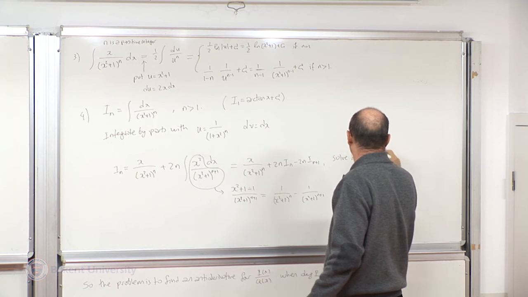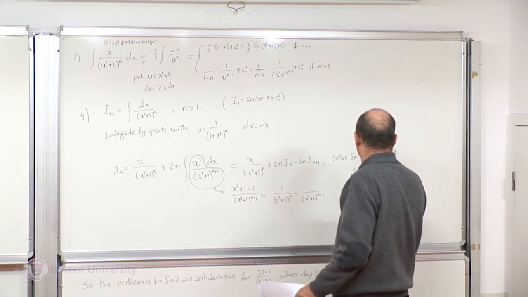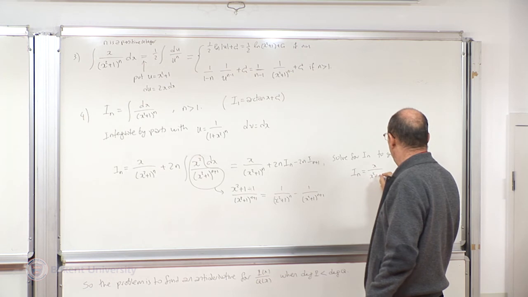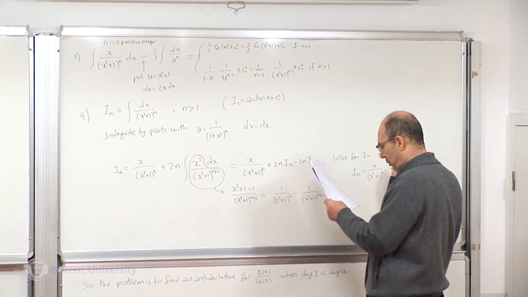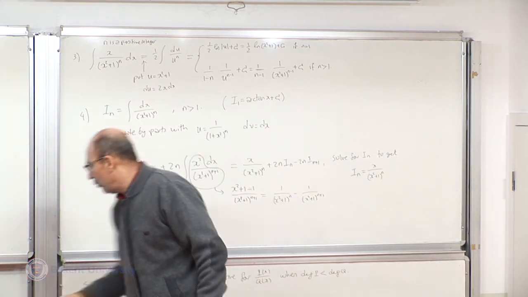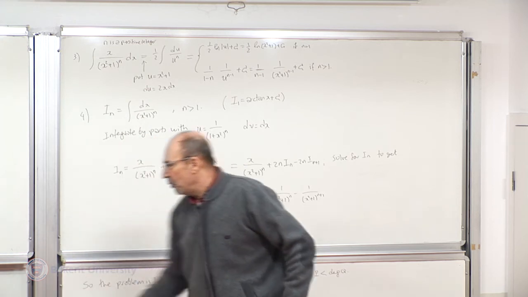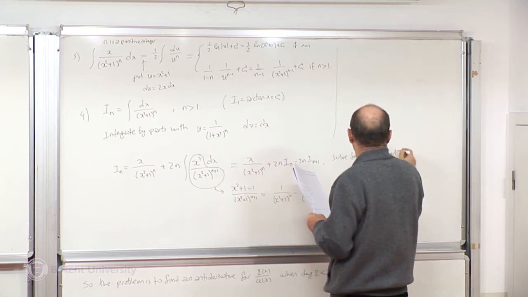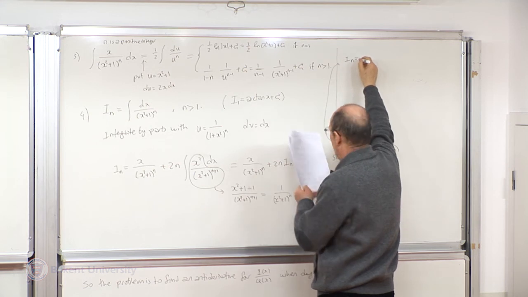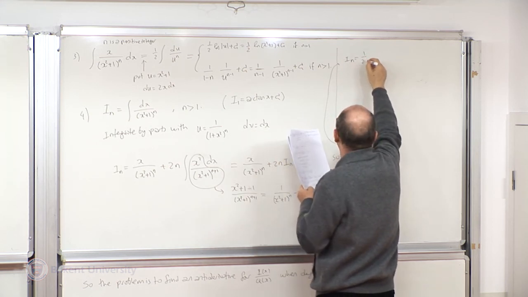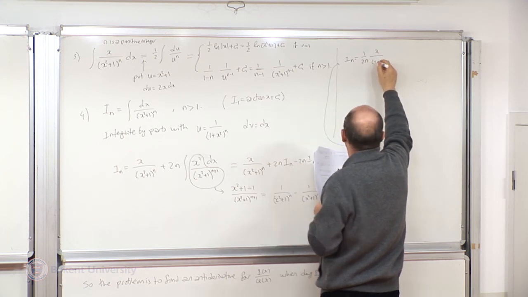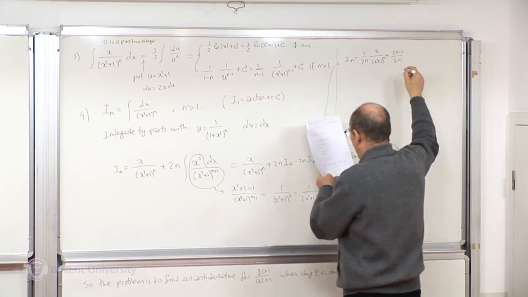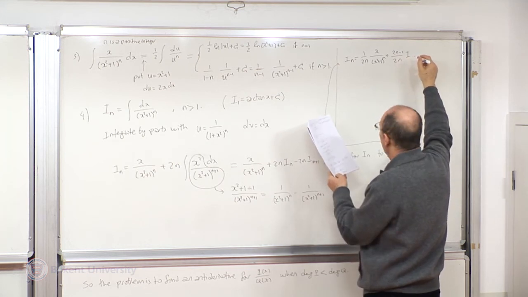Solve for I_(n+1). Let me write this. I_n is equal to 1 over 2n times x over (x squared plus 1)^n, plus (2n minus 1) over 2n times I_n.